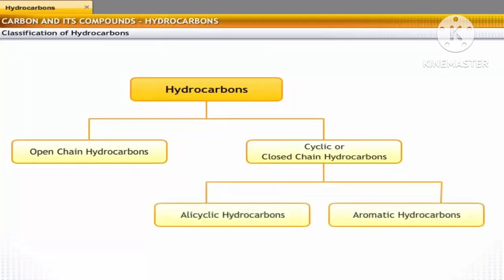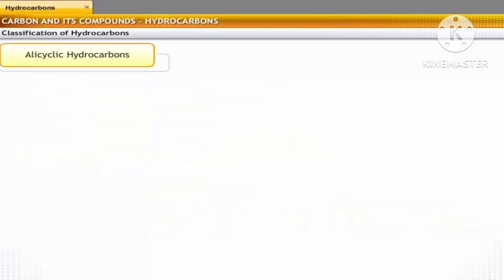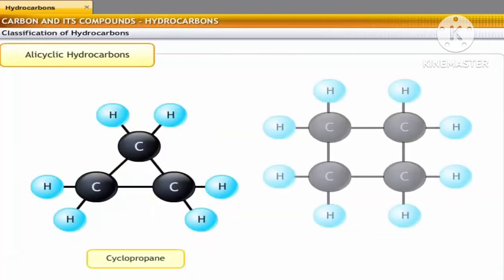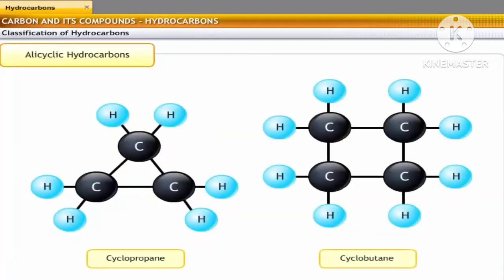They are of two types: alicyclic and aromatic. Alicyclic hydrocarbons are a category of carbon compounds which are in the form of a carbon cycle and contain three or more carbon atoms, thereby behaving like open-chain saturated hydrocarbons.